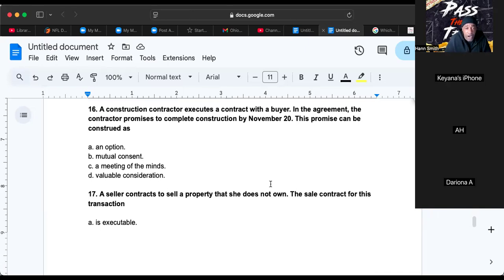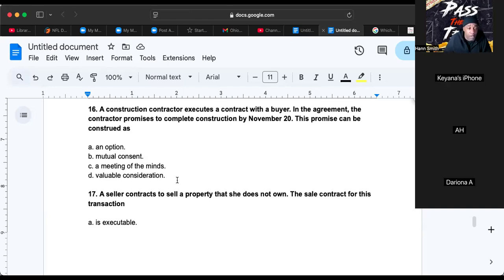A construction contractor executes a contract with a buyer. Buyer signed it, they signed it. In the agreement, the contractor promises to complete construction by November 20th. This promise can be construed as an option, mutual consent, meeting of the minds, valuable consideration.